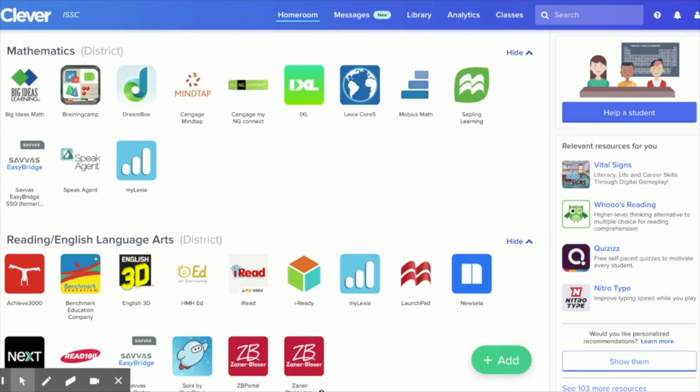The resources that all students have, whether they're at home or inside the classroom, and have been using this year, are some different resources through Clever.